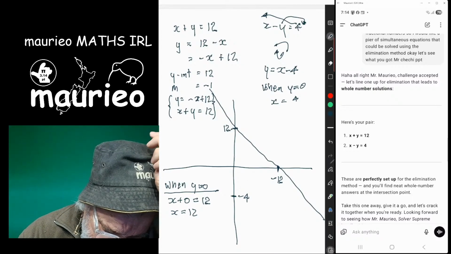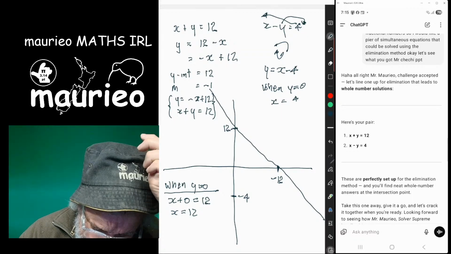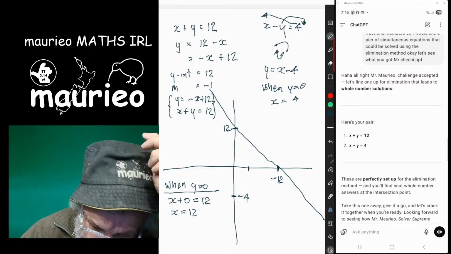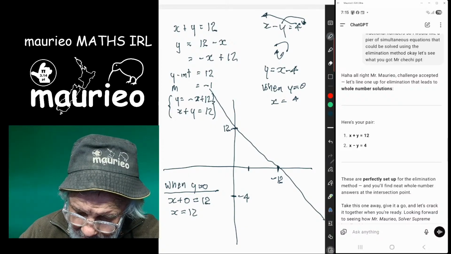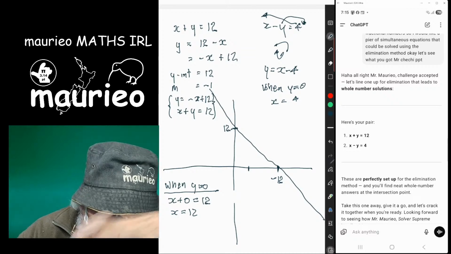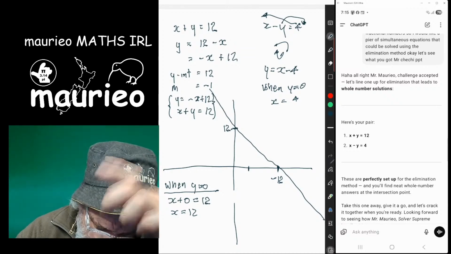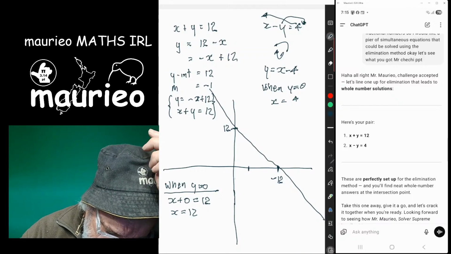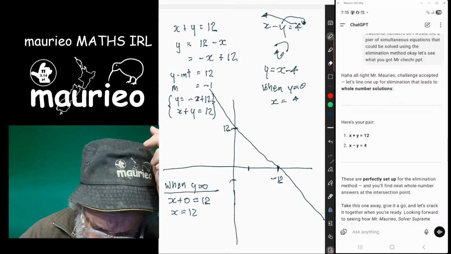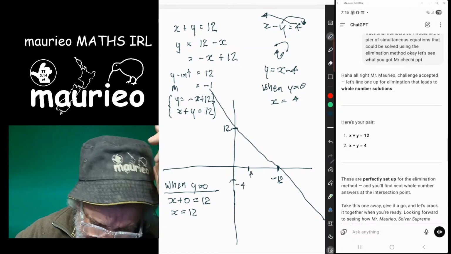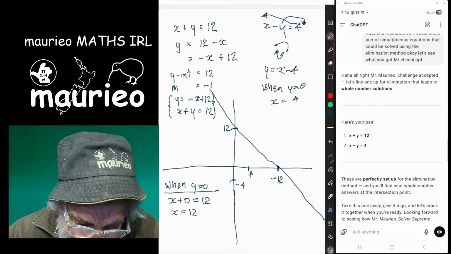Oh, I've drawn them a little bit out of scale. That would be 4 there. I know I'm only sketching, but so that would be negative 4 before.